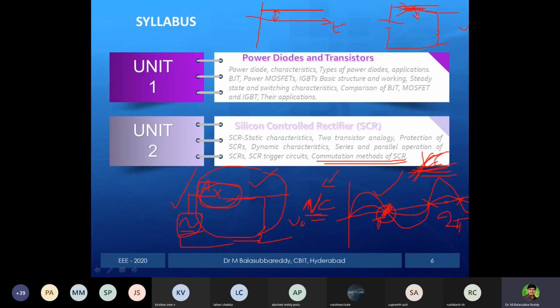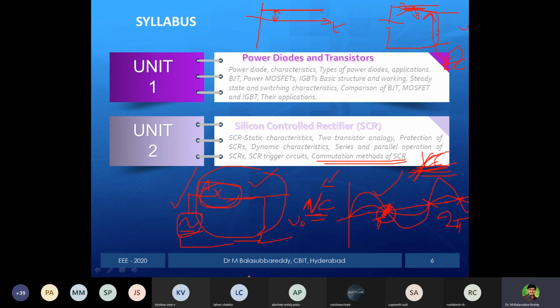Normally it won't happen, so you use an additional mechanism, the forced commutation circuit, to bring the current to 0. Then once it reaches 0, the switch automatically opens. Again give the pulse, the switch closes. Use forced commutation, open it. Then again the firing circuit closes it. Our intention is to turn the device on as well as turn it off.